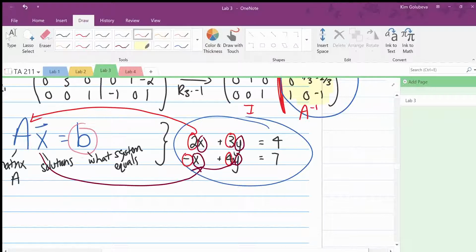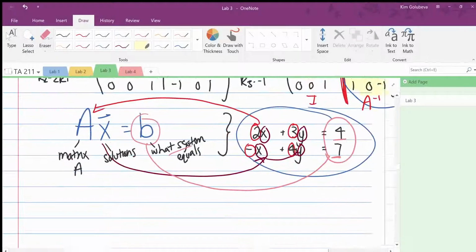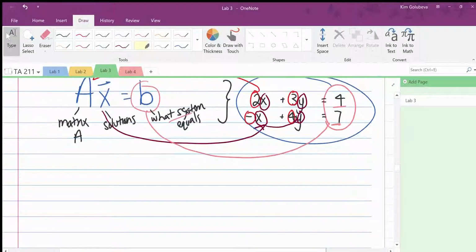Your B is going to be what the system equals. So that will be your B. That's just a way of writing what we've been doing all along, AX equals B.